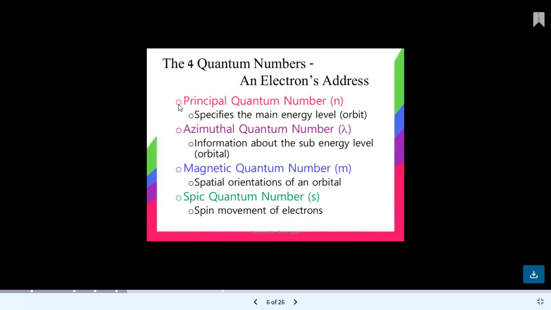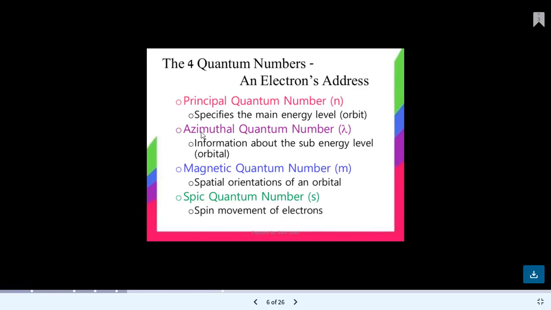Okay, so the 4 quantum numbers are these. The principal quantum number, which is represented with the letter N, specifies the main energy level or the orbit.